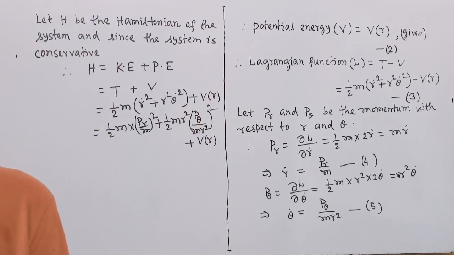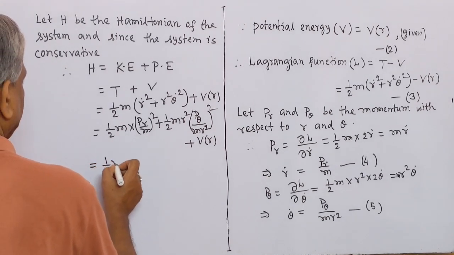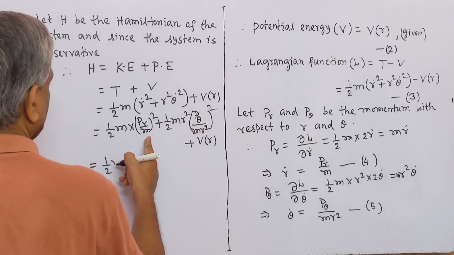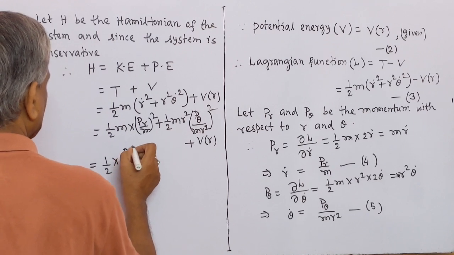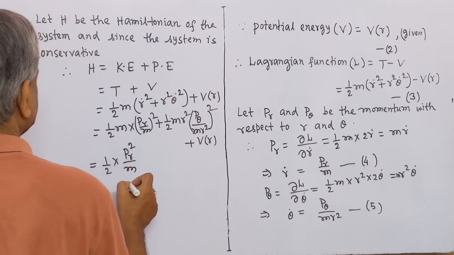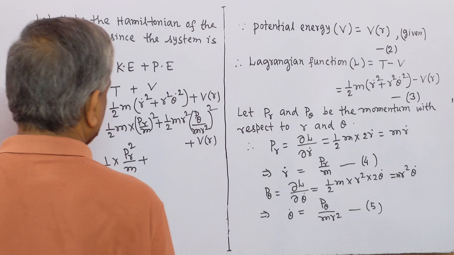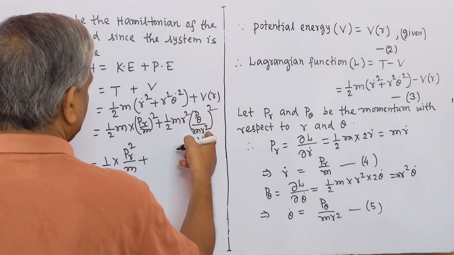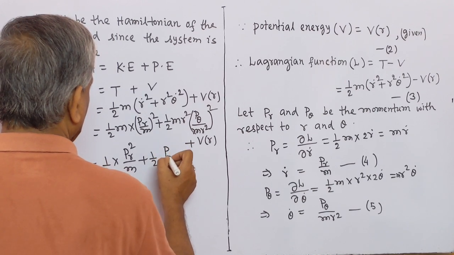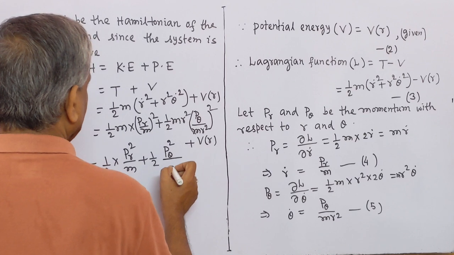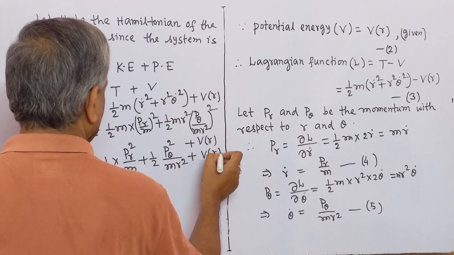V is a function of r, and this will be equal to half m square, meaning only one m remains in the denominator, Pr square by m, plus here also one m remains in the denominator, and here r square with r to the power 4, so r square remains, p theta square by m r square, plus V(r).